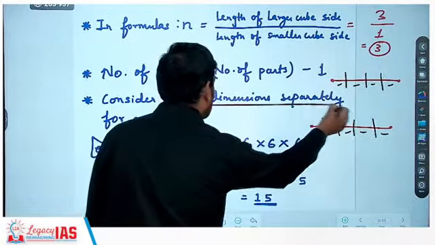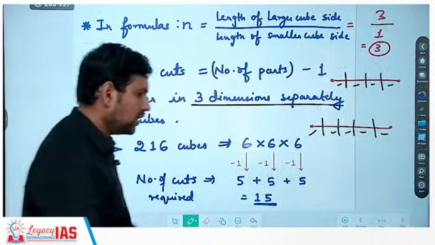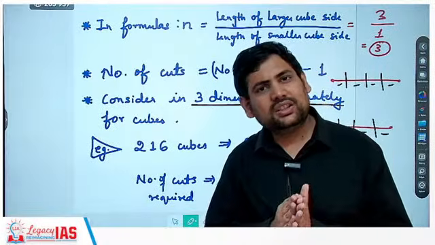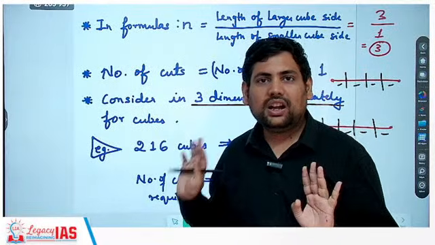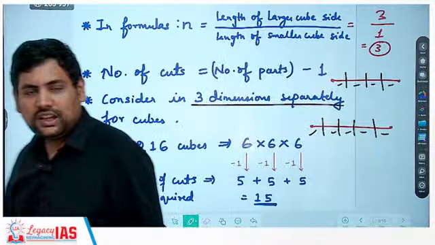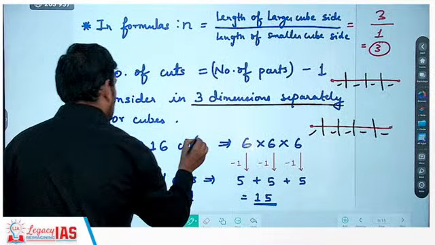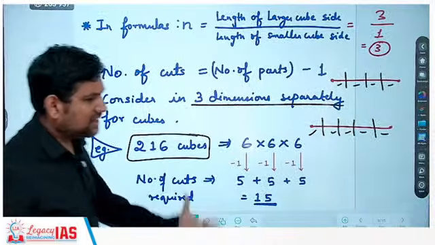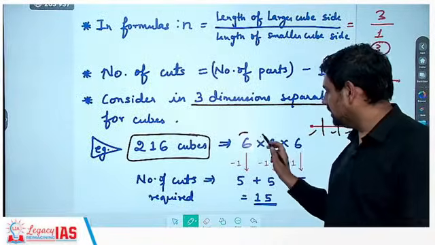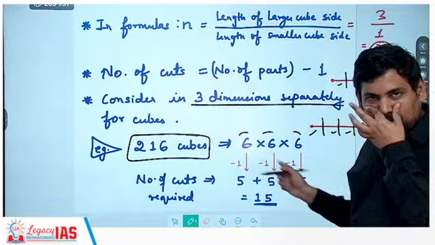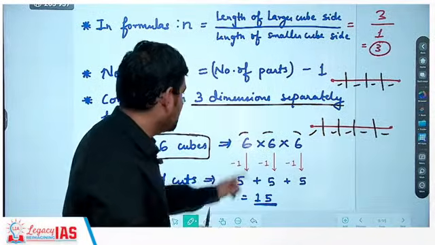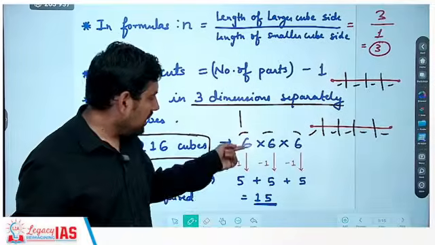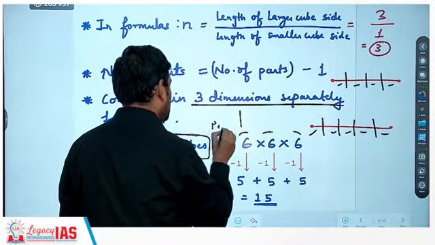Now, this is what you do in a single dimension. If you consider 3 dimensions, for example a cube, you have to consider all three dimensions separately: length, breadth, and height. For example, if a large cube is cut into 216 small cubes, you can write 216 as 6 into 6 into 6, correct?